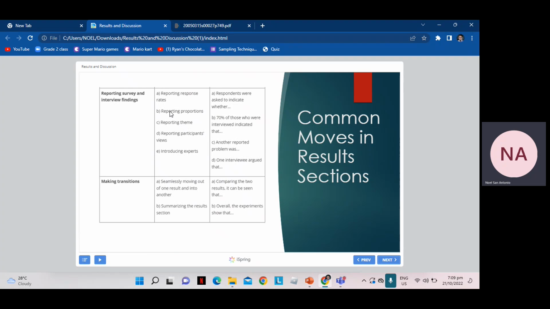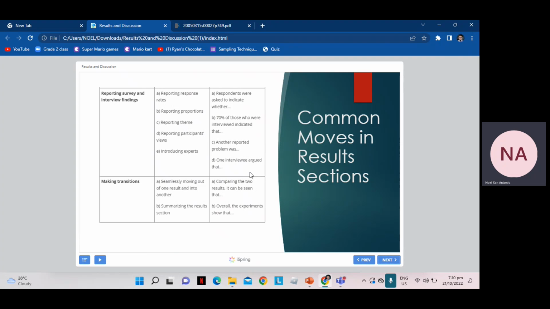Usually sa survey talaga, reporting theme. Another reported problem was, reporting participant views, or one interviewed argued that. Ito ginagamit if your research was a survey.